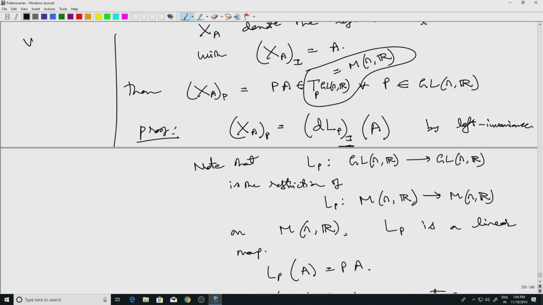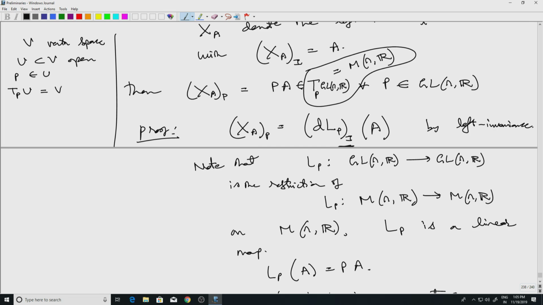So if V is a vector space, we know that the tangent space at any point P of V, and here to be even more explicit, I'll take an open set just like this here. GLNR is open inside MNR. Let me do that here as well. U contained in V open, P in U. We know that the tangent space at any point is equal to V.